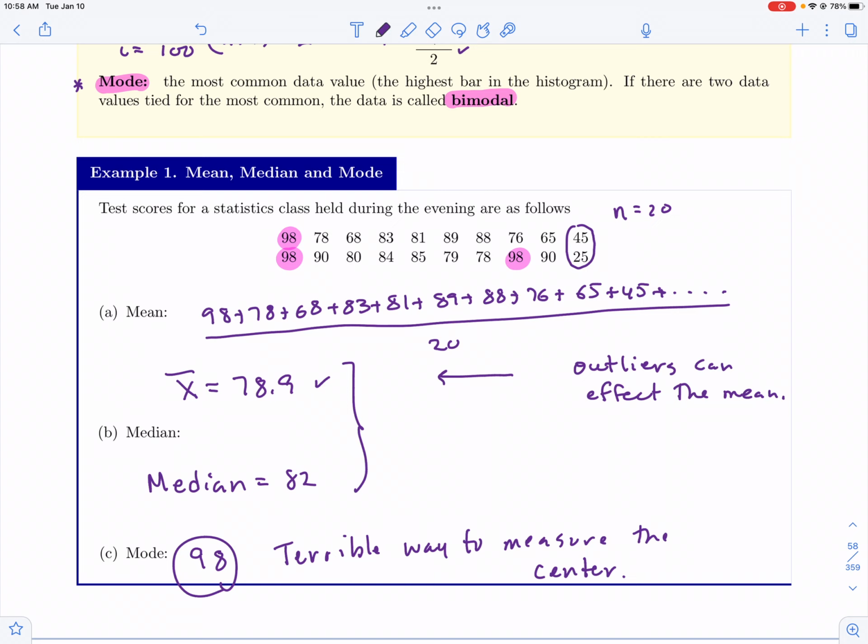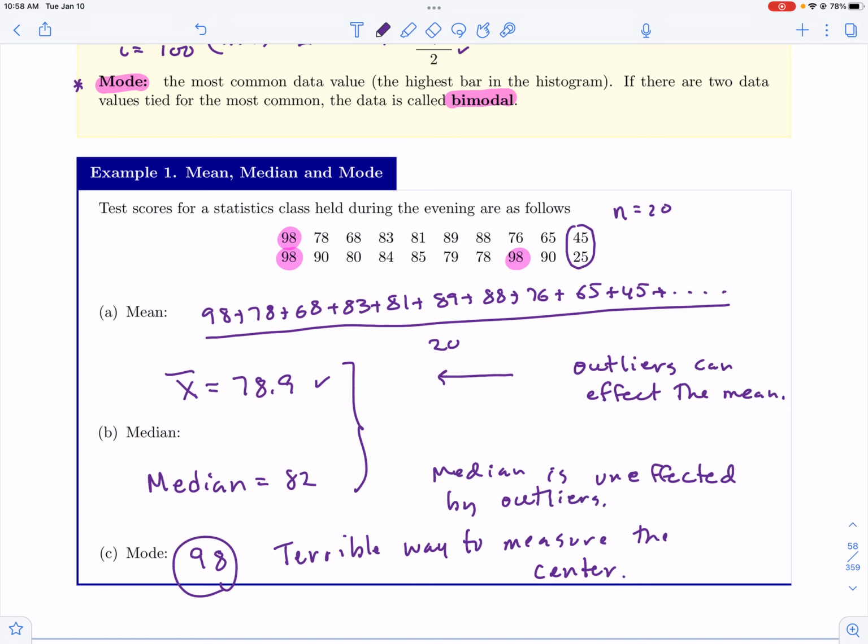The median, the nice thing is, because all it does is line the numbers up lowest to highest and figure out the location of the middle, it's just going to be what it is. The outliers don't affect the median, so the median is unaffected by outliers.